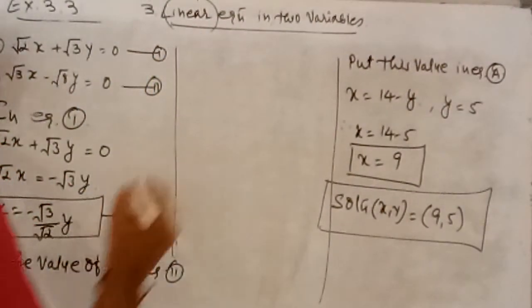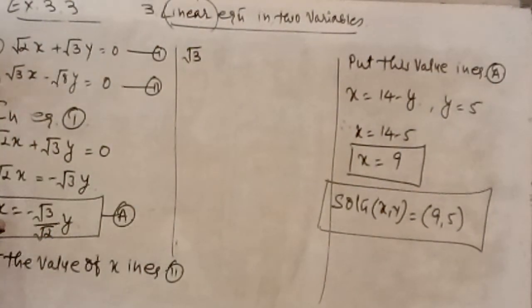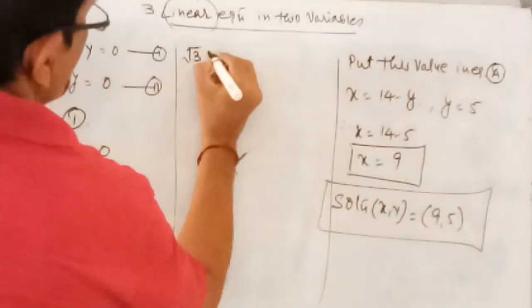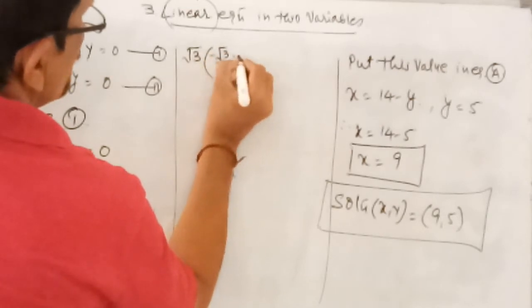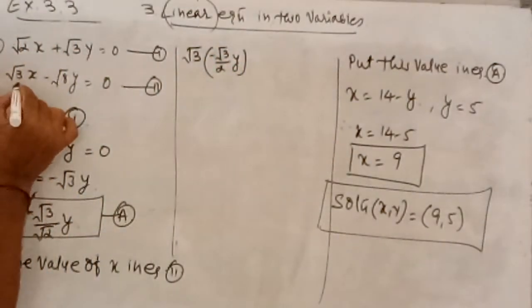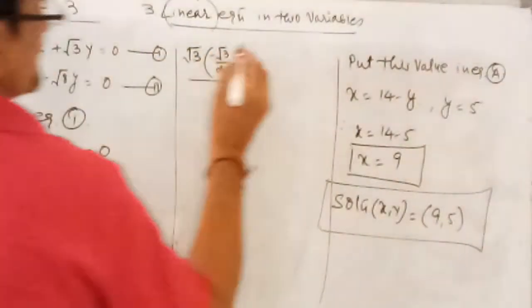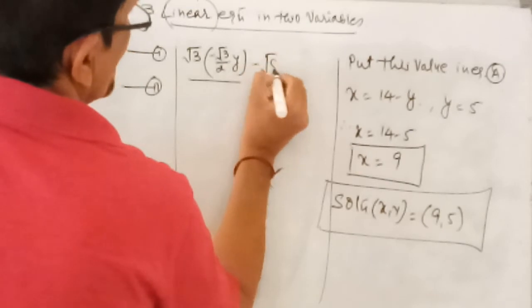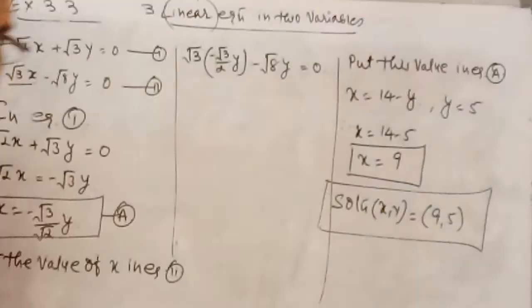So this is the equation 2. Root 3, in place of x we have to write down minus root 3 upon root 2 y. So this is your x, minus root 8y is equal to 0.